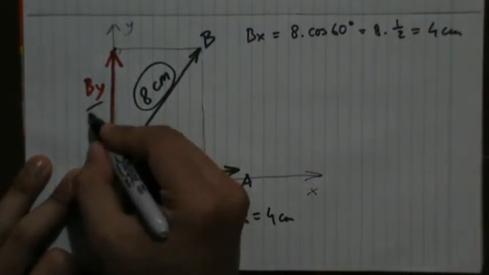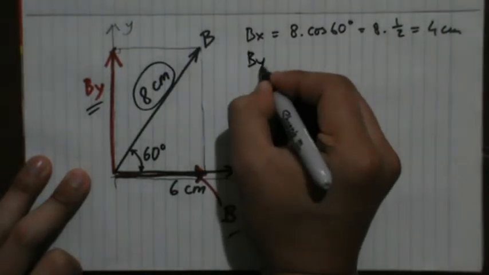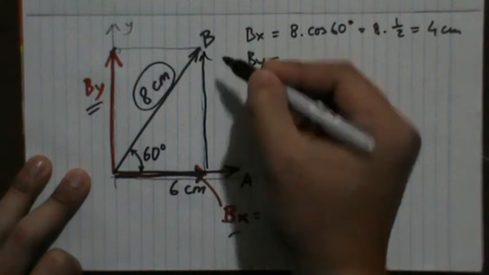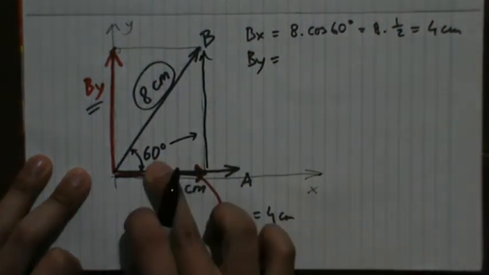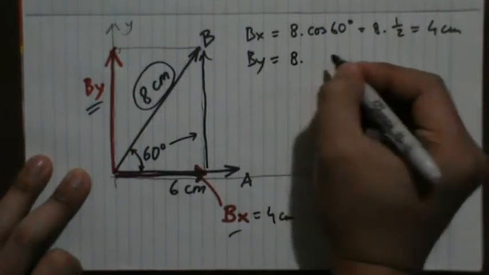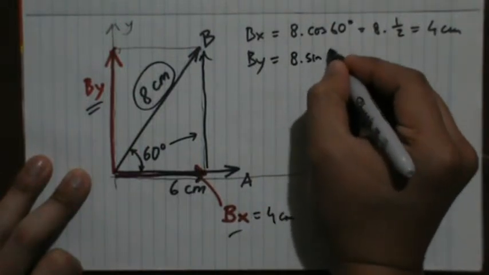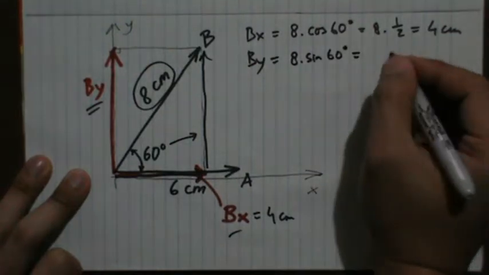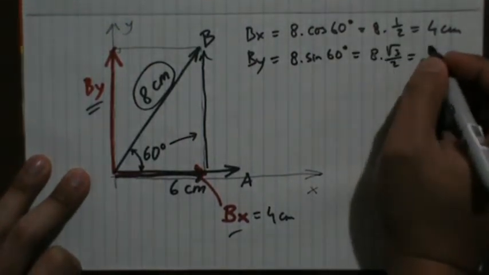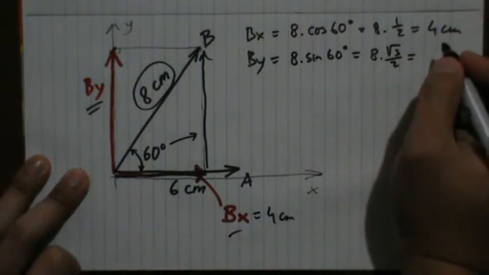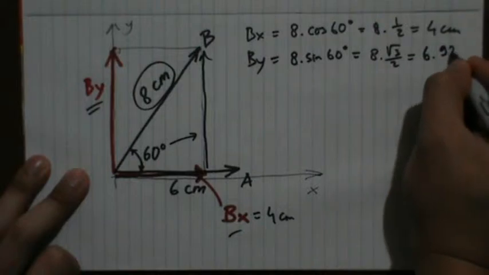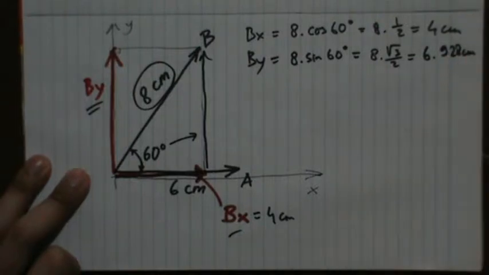And now for by, we can see that by is the opposite of this angle, so the magnitude of by is 8 times sine 60, and we get the value is around 6.928 centimeter.